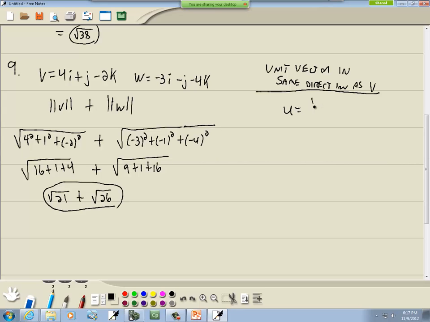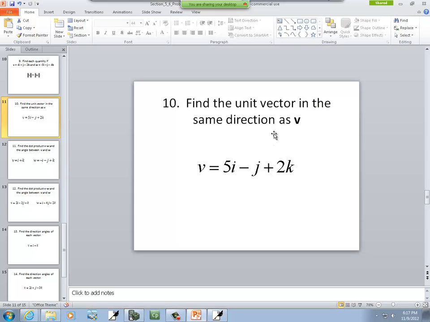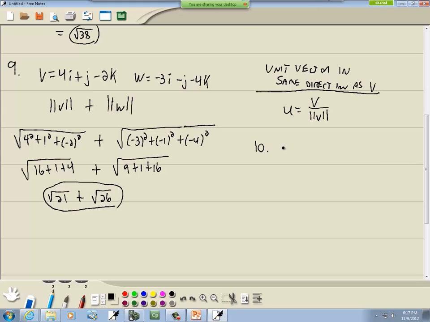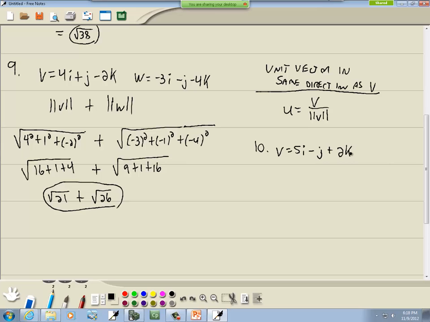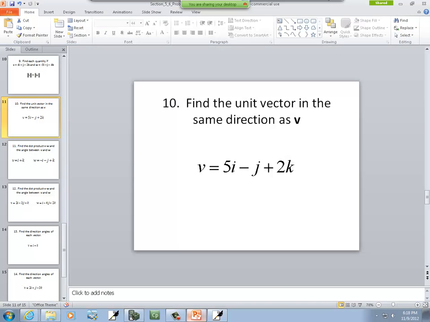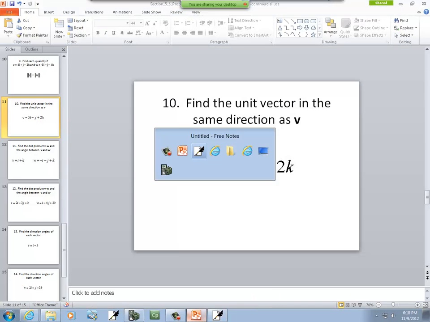So we get u is equal to v divided by the magnitude of v. That's our formula. So for this problem, we got v is equal to 5i minus j plus 2k. And the instructions say find the unit vector in the same direction as v.